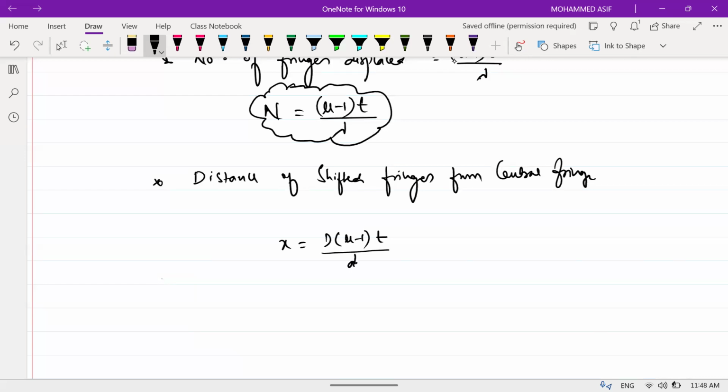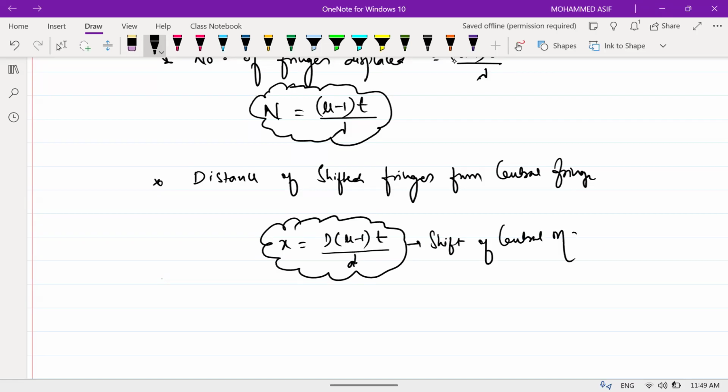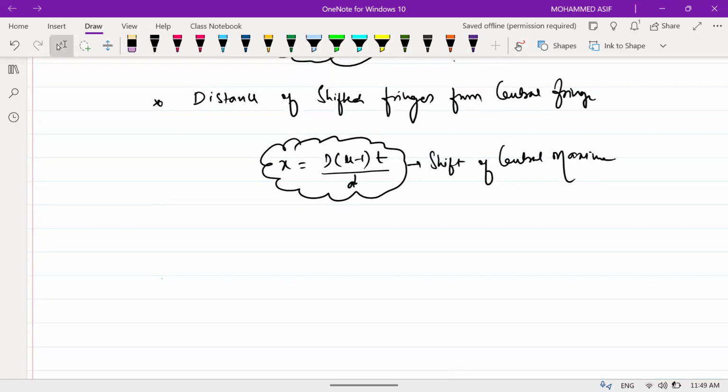This is the shift of the central maximum. Okay, so number of fringes shifted will be mu minus 1 into t divided by lambda. Clear?